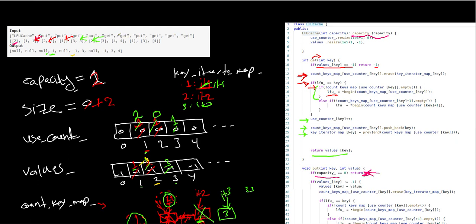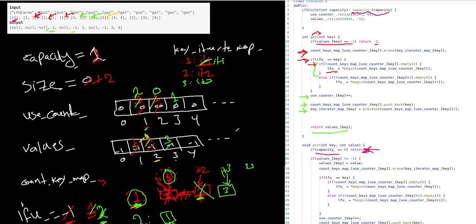Then we have this query, get 3. Is the value of 3 -1? No, it's 3. In that case we need to erase, we need to remove the node from the linked list, so the key 3 will be removed from the linked list, and 1 becomes empty.